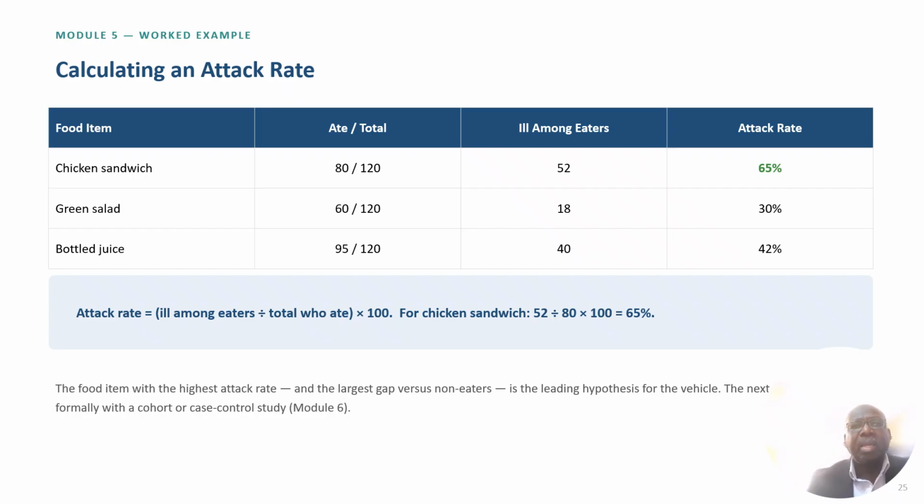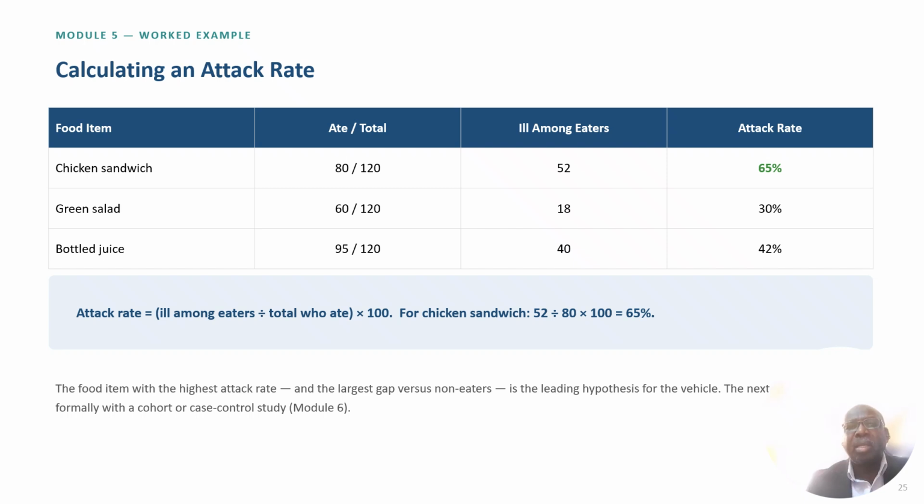Like here, when we calculate attack rates item-wise, for the chicken sandwich, 80 people ate the chicken sandwich, and the total number of those attending the wedding is 120.